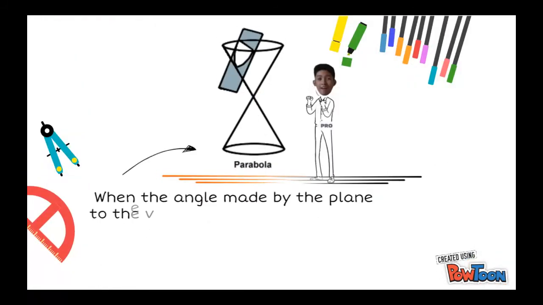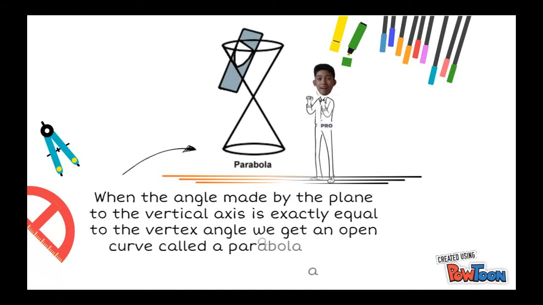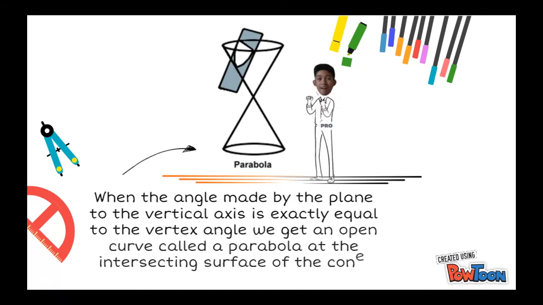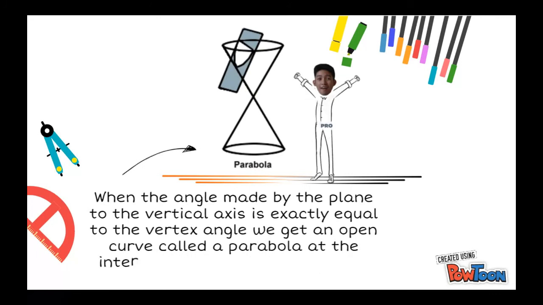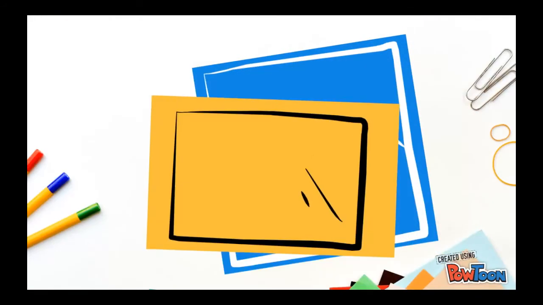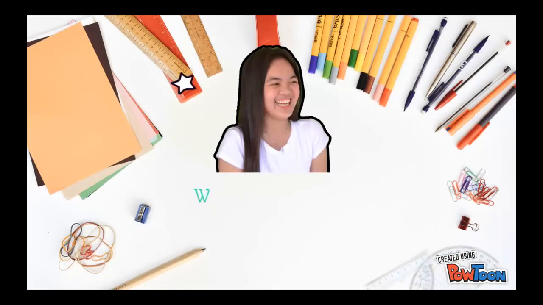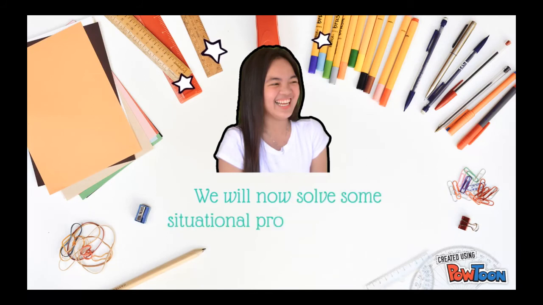When the angle made by the plane to the vertical axis is exactly equal to the vertex angle, we get an open curve called the parabola at the intersecting surface of the cone. We will now solve some situational problems involving parabolas.